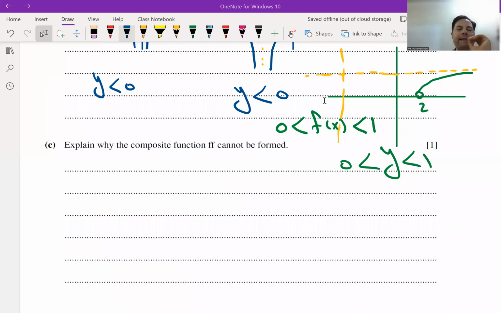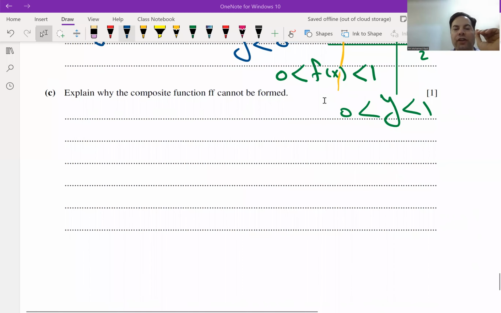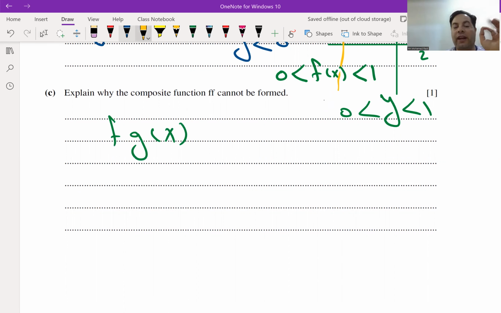In part C, explain why the composite function f cannot be formed. There is an important condition for forming a composite function in general. If I ask you to get f of g of x, the range of g has to be a part of the domain of f.